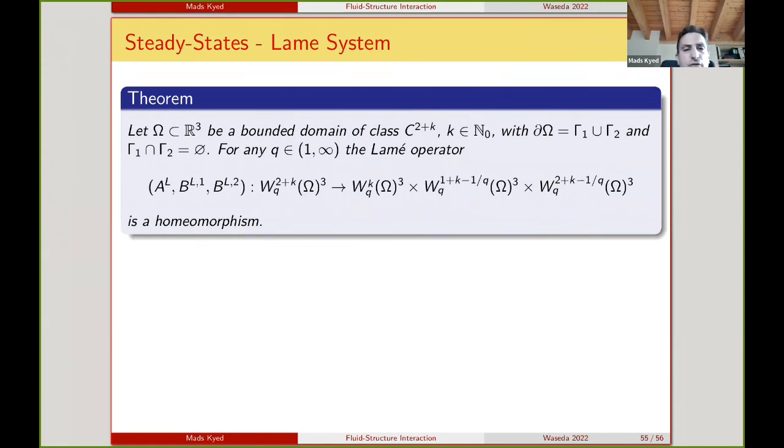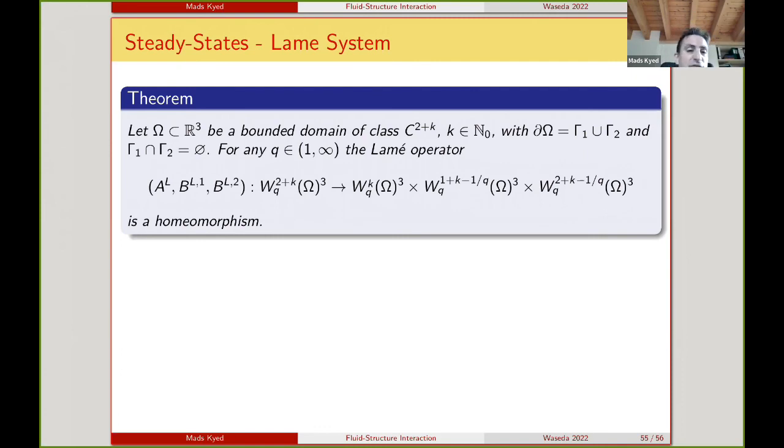Now I've shown it here only for the Lami system. The Stokes system, I can rely on textbook material. It's not easy, I know, but I'm not going to spend a lot of time doing that. I can give you references that the Stokes system is also a homeomorphism.